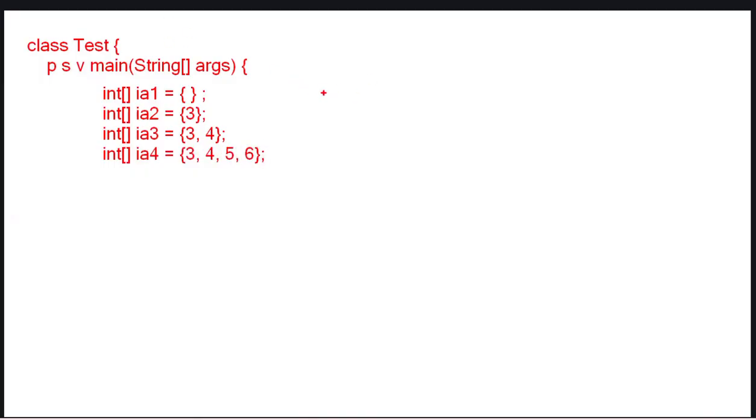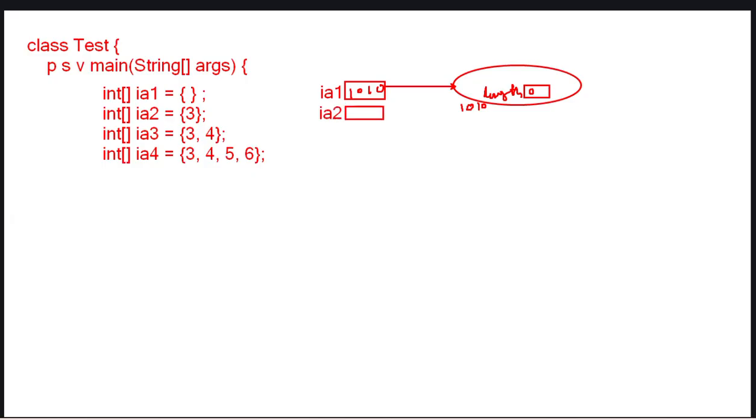Draw the object memory diagram on the side. ia1 points to an array object, with length variable 0 and reference 10 10, you can take 10 10 or 20 20, your wish. Next, ia2 points to the second array object.